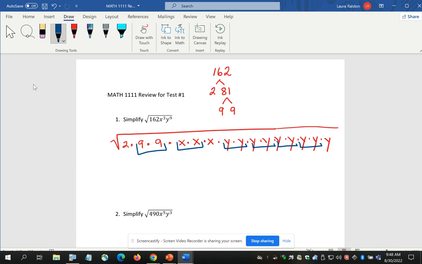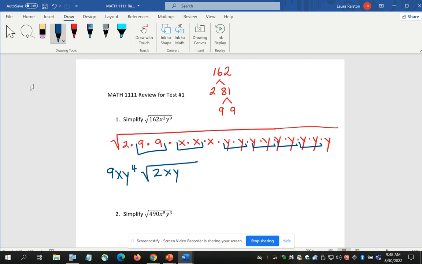So if you have a perfect pair, then they're going to get removed from the radical. So I'm going to bring out this 9, I'm going to bring out 1x, and I bring out 4 y's. Okay, and what's left is 2xy.